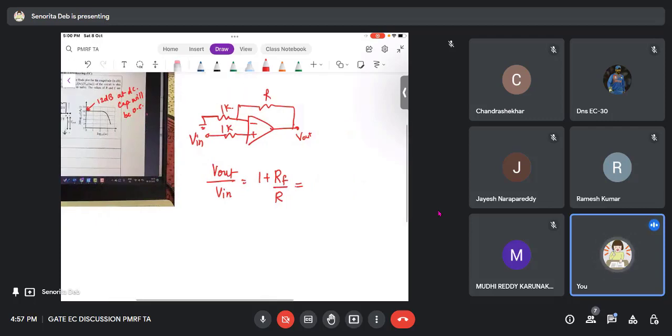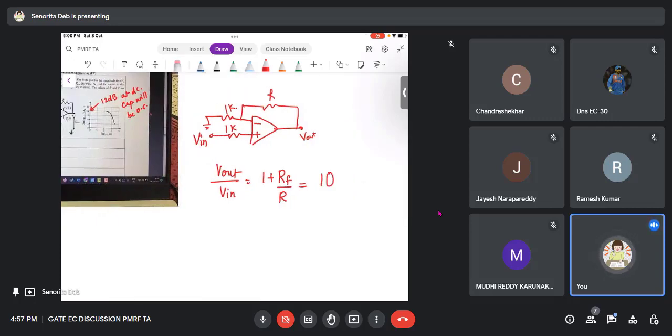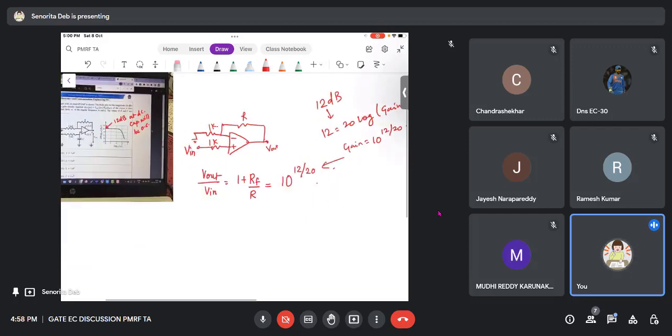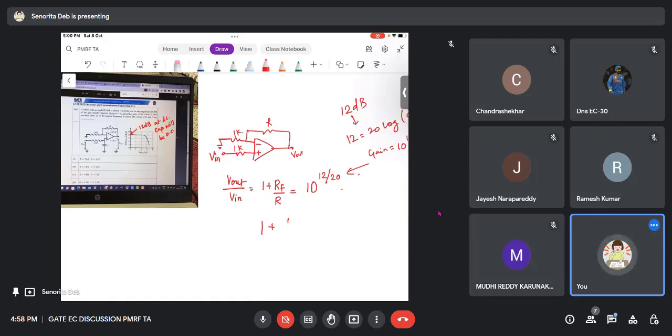Since it is 12 dB, 12 equals 20 log of the gain at DC, and therefore the gain is nothing but 10 to the power 12 by 20. From here I have taken this value. So RF by R is 1K, so whatever R we get will be in kilo ohms. What is 10 to the power 12 by 20?